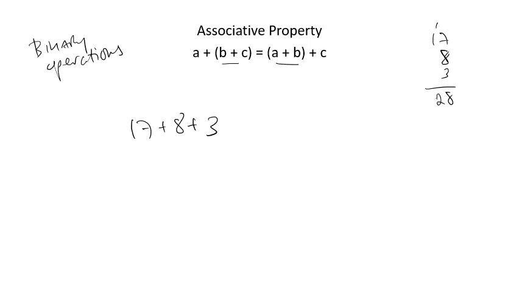So even though there may be more than two numbers involved in the problem at a time, we're really only working with two numbers at a time. And so that's what this tells us, is that which two I take doesn't make a difference. I could have added, instead of going 7 plus 8 and then plus 3, I could add going up and say 3 plus 8 is 11, plus 7 is 18. I get the same 18. So it's going to work either way.